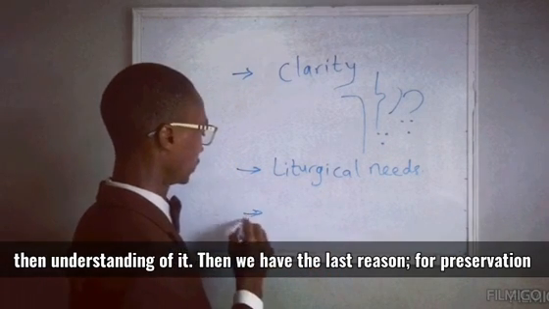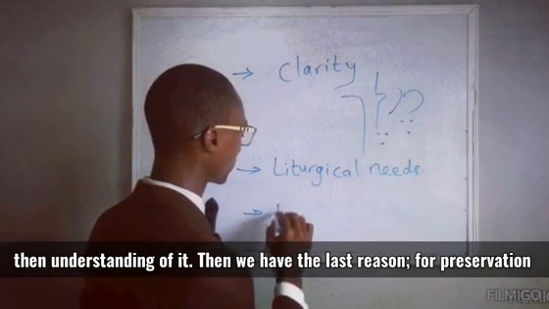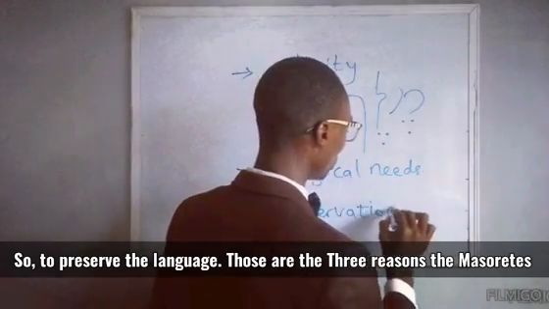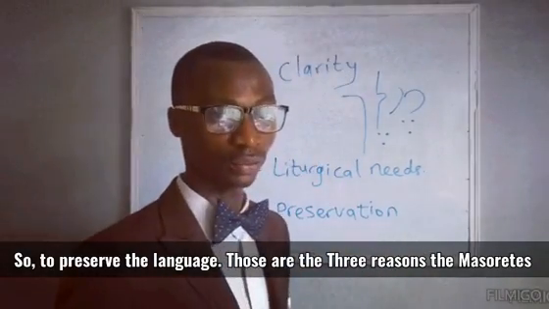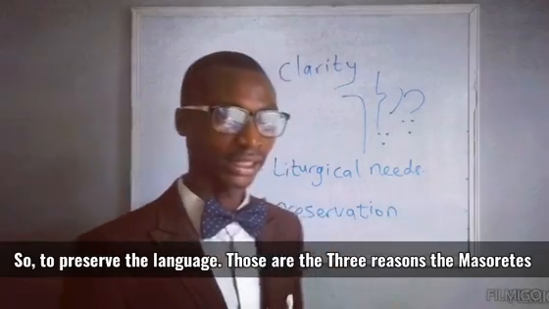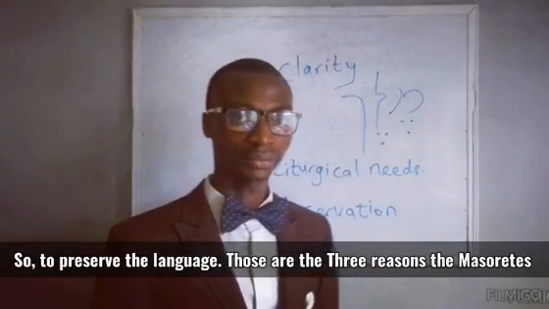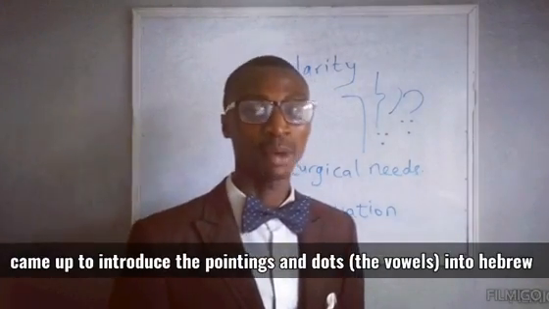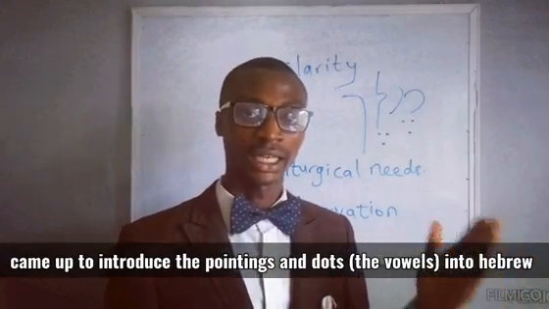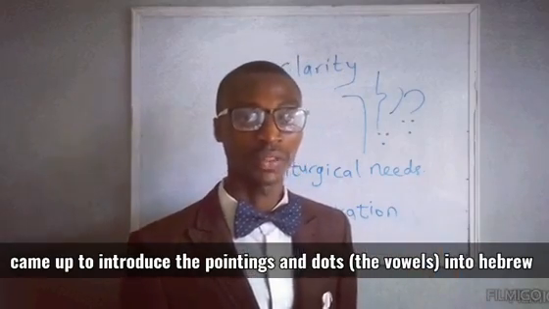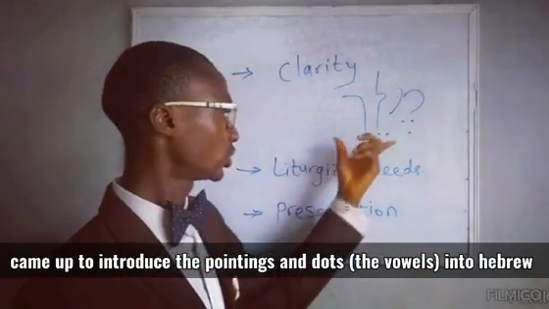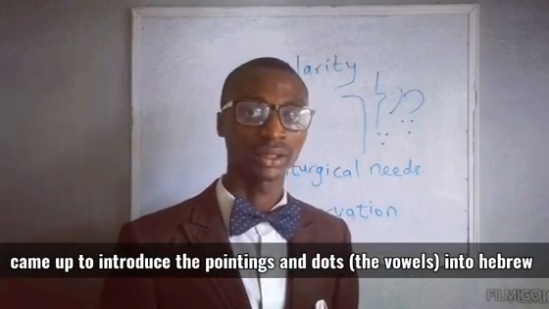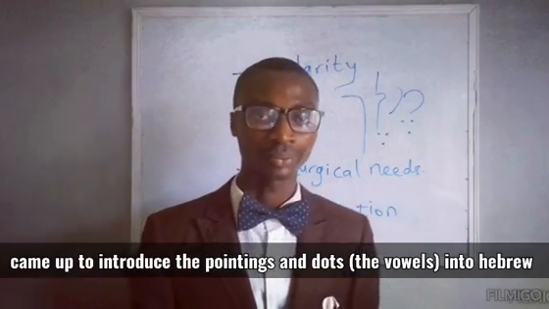Then the last is preservation, to preserve the biblical Hebrew language. So these are the major reasons why the Masoretes in AD 500 to 1000 introduced some pointings and dots, that is the vowels, into biblical Hebrew.